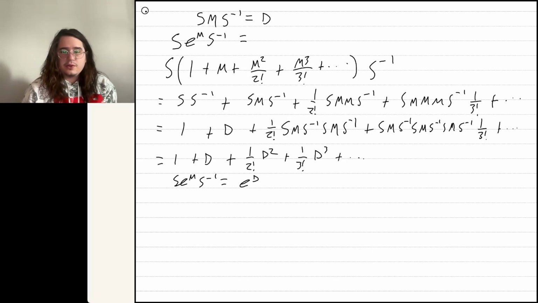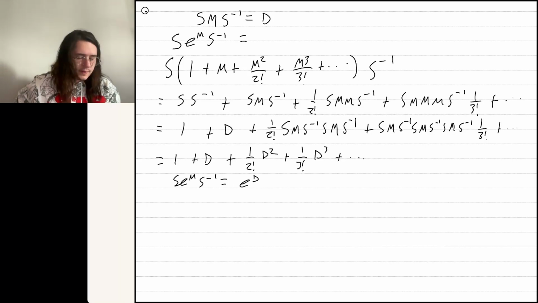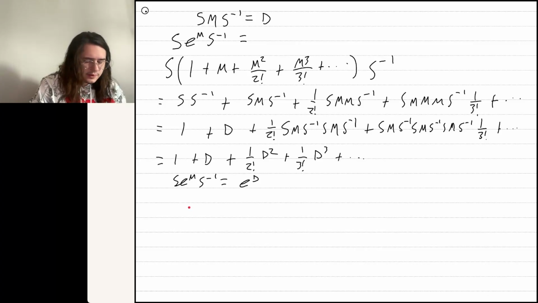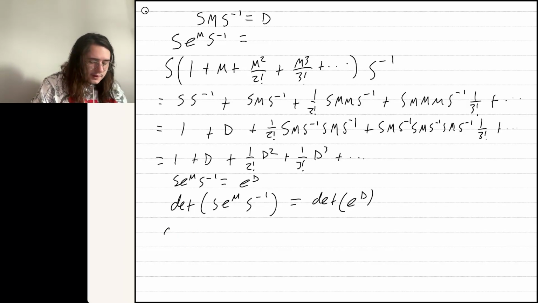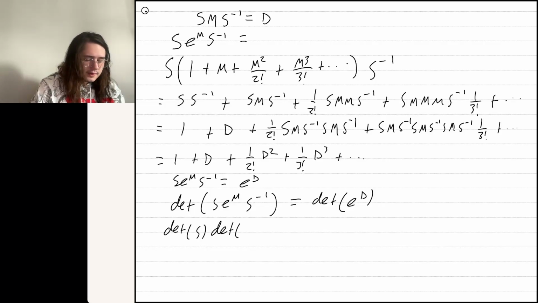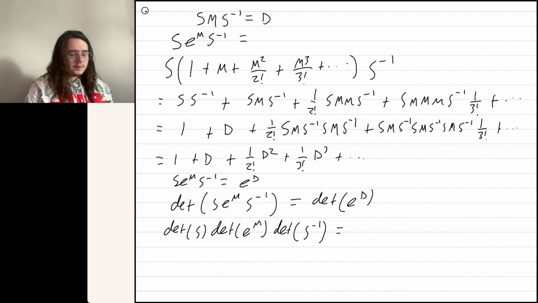What if we take the determinant of this equation now? Just for fun. The determinant of S e to the M S inverse is equal to the determinant of e to the D. Well, determinants split up multiplicatively. So this is the determinant of S times the determinant of e to the M times the determinant of S minus 1.